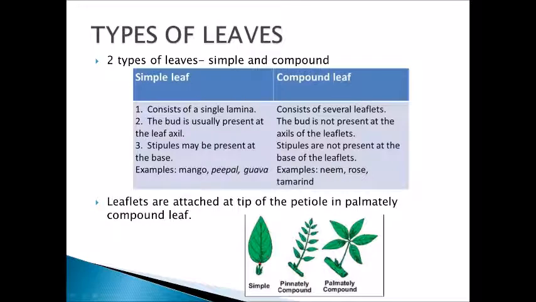It is not divided. It is one intact structure. On the other hand, this is a compound leaf in which the structure is not intact. Here the lamina is divided into small leaflets, and such a leaf is called a compound leaf.